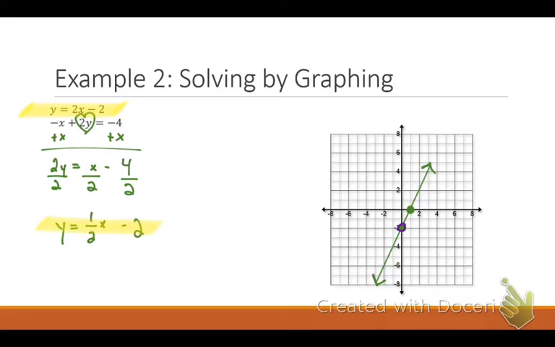Now, where do I follow this slope? I go up 1 over 2. So I go over 2, and now my second point goes here, and I draw my straight line through those 2 points.